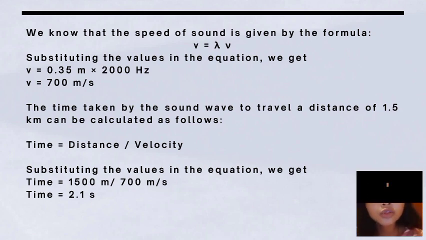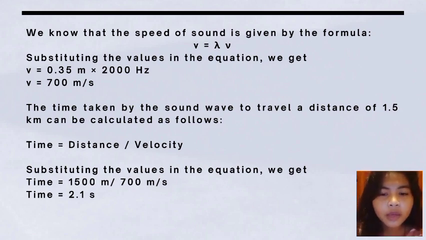Substituting the values, time is equal to 1,500 meters, converting the 1.5 kilometers into meters, over 700 meters per second, and we come up with the result of 2.1 seconds.